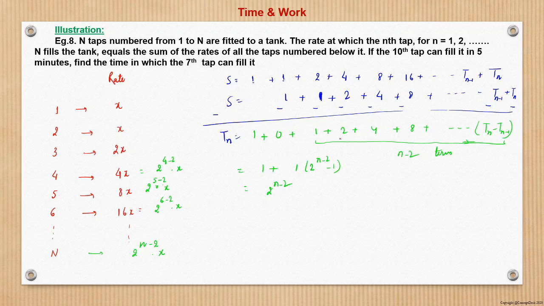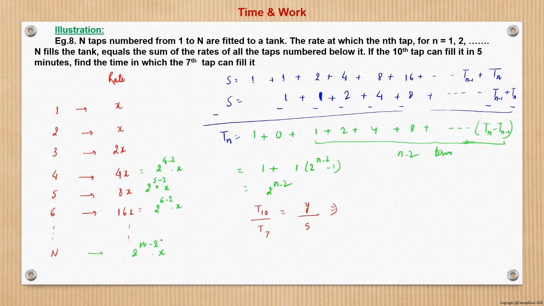Now see, this is the rate, and we know that time is inversely proportional to rate. So the rate of the 10th tap upon the rate of the 7th tap will be the time taken by the 7th tap, let it be y, upon the time taken by the 10th tap, which is 5 minutes.